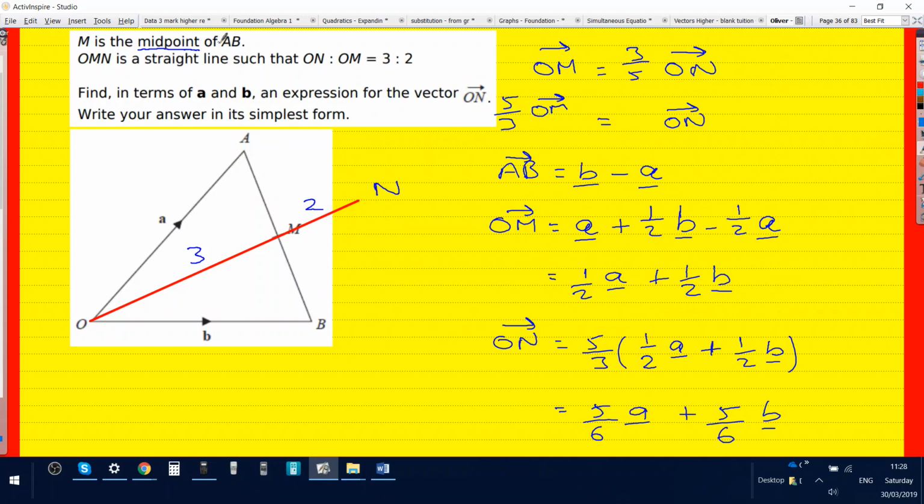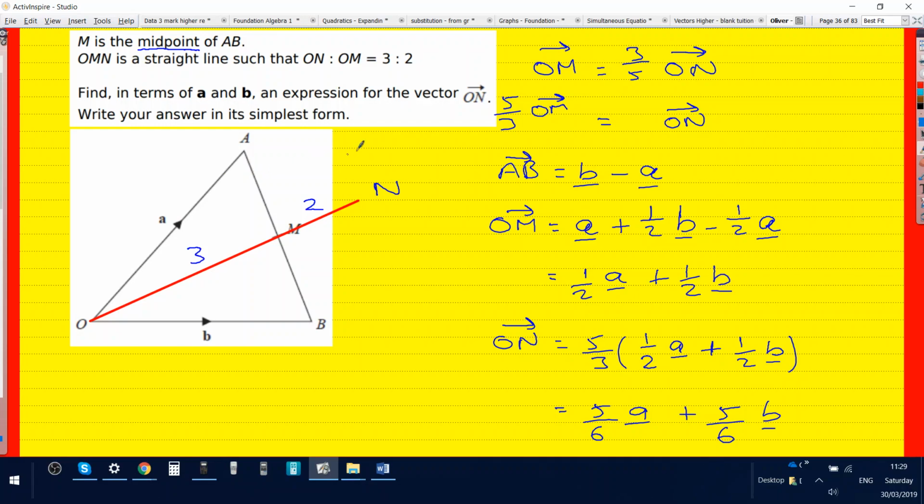M is the midpoint of AB, so we want O to M. So O to M is A plus a half AB. So that's correct.